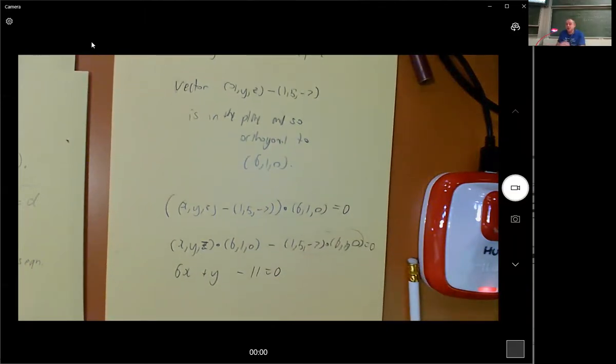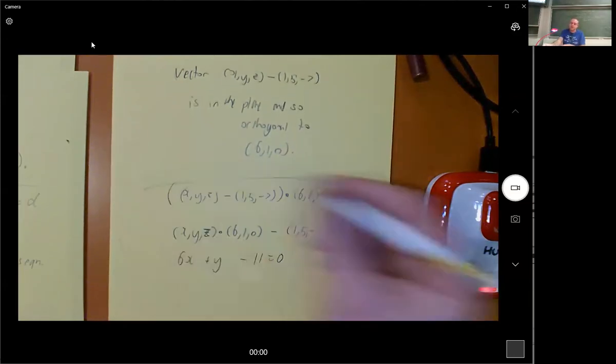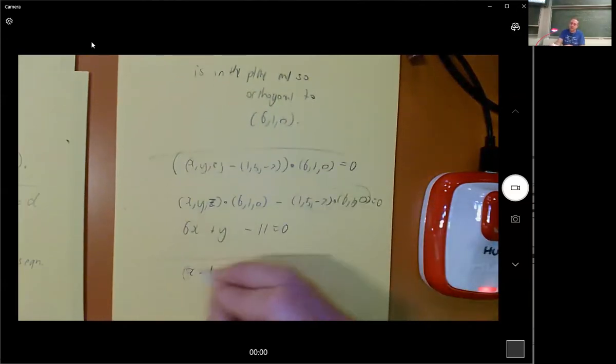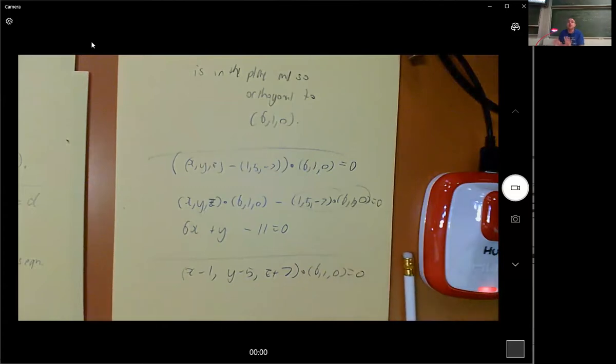Your lecturer doesn't write it this way either. They write it as x minus 1, y minus 5, z plus 7 dot with 6, 1, 0 equals 0, which is the same thing. But I just like this version.